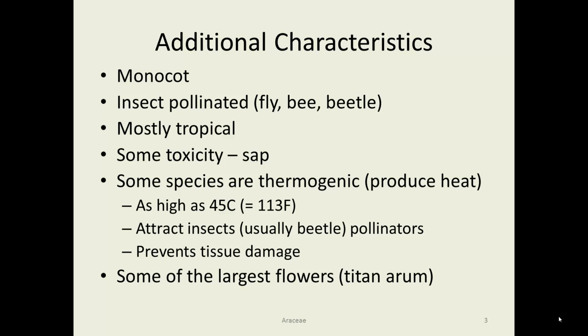And as they warm up, those compounds volatilize, so they sort of throw their net wider by warming up their attractive odors and letting them waft away. And then in addition, it's probable that it also helps prevent some tissue damage, because these plants bloom so early in the spring that they sometimes are blooming in the snow. I'll show you a picture of that also.